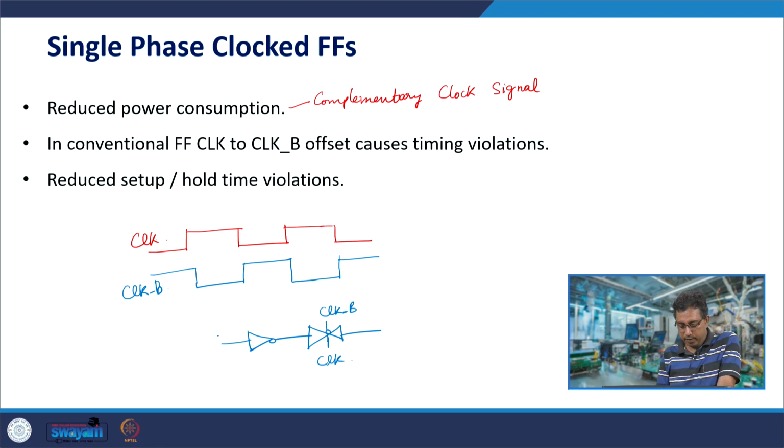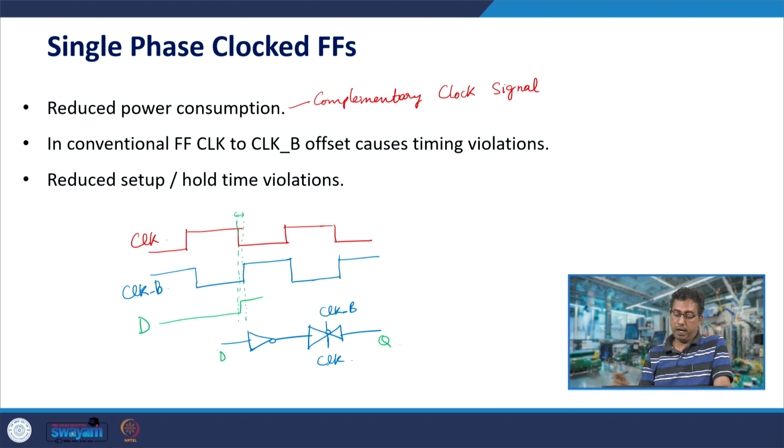If the signal D changes after the clock edge, it is not supposed to pass through the latch, but because clock bar has not yet changed, there is an offset between clock and clock bar. So a part of D, if D is rising from 0 to VDD, may pass, Q would partially rise, and that would give rise to glitches, or it may even give rise to a wrong latching of the signal.